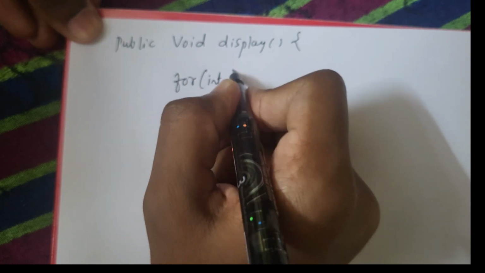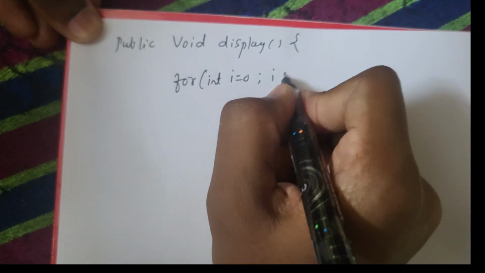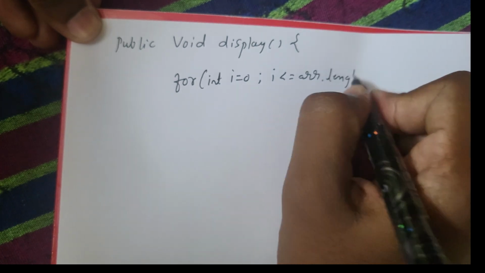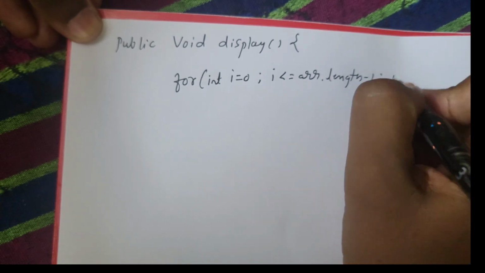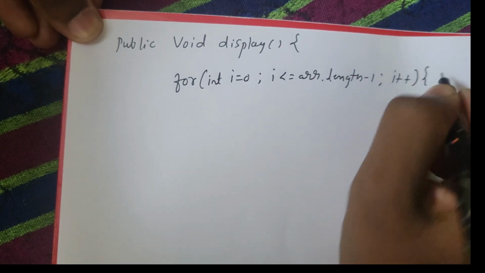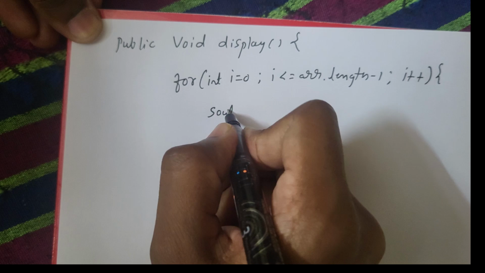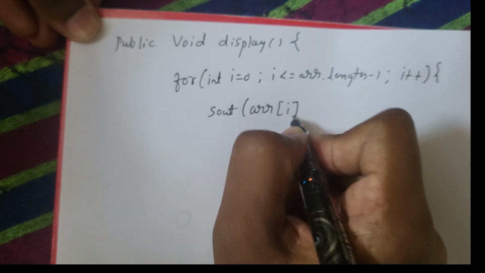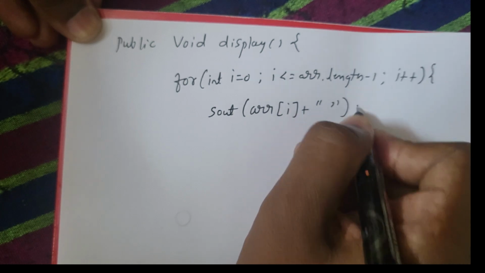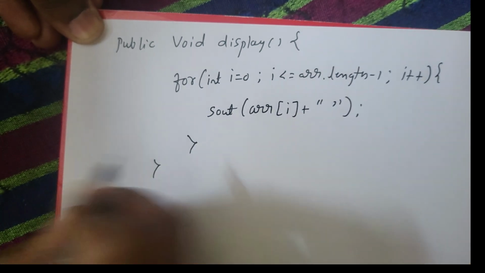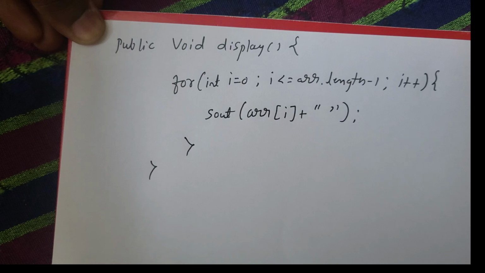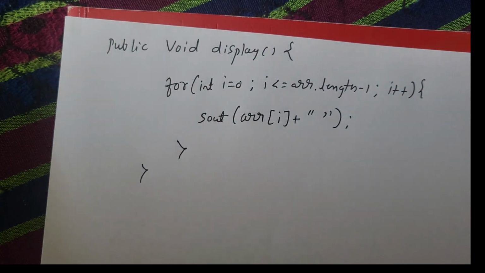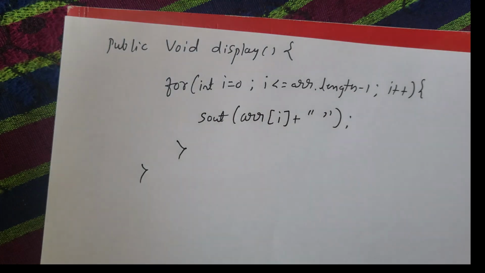It will start from 0 until less than array length minus 1, i plus plus. Simply we will print using System.out.print array of i. That's it. This is the display, right? We have the logic to insert, delete and display.